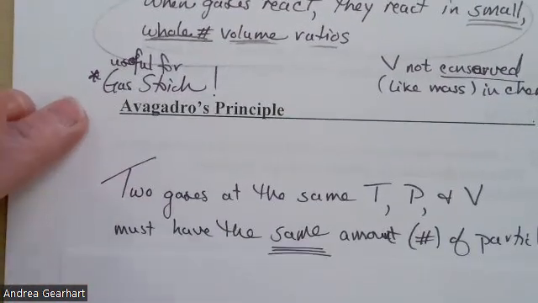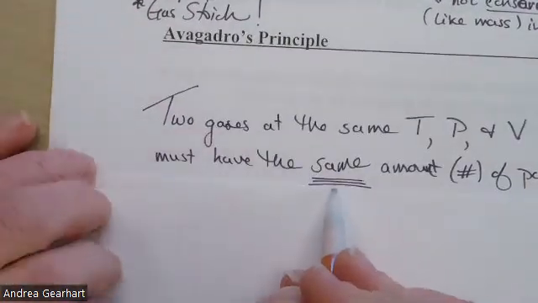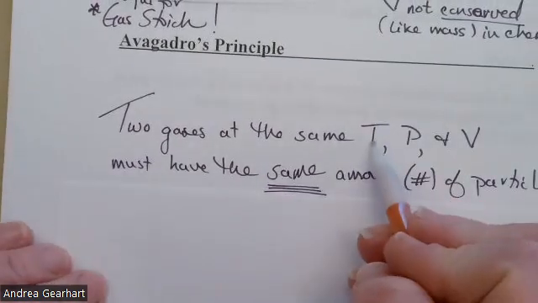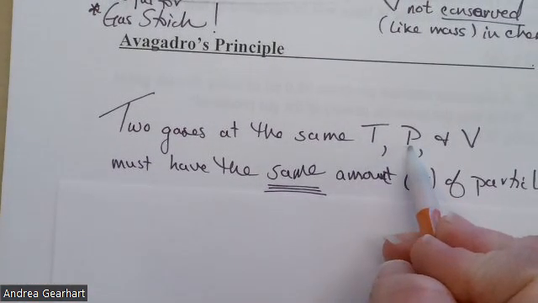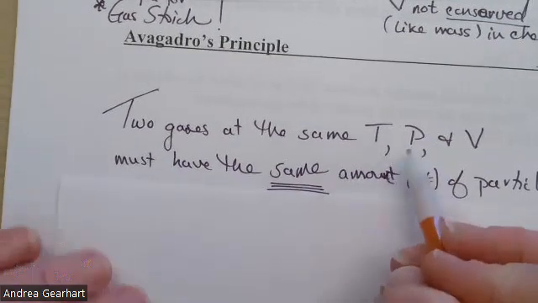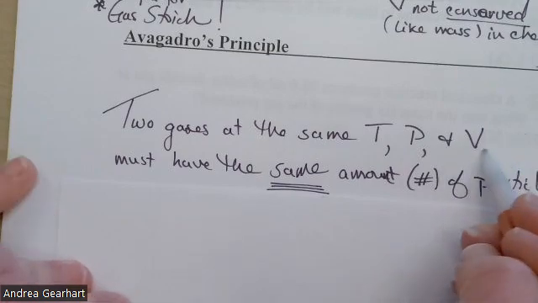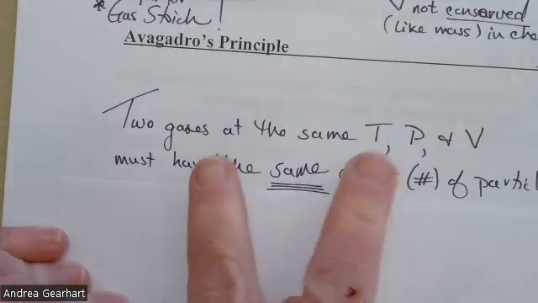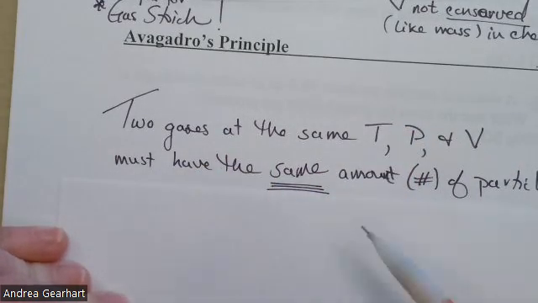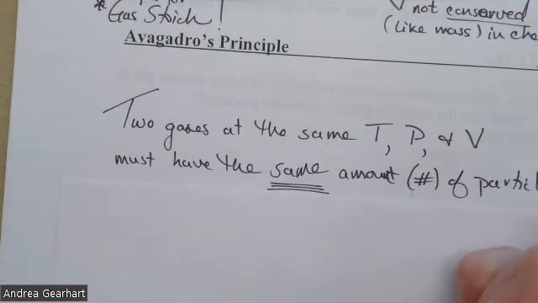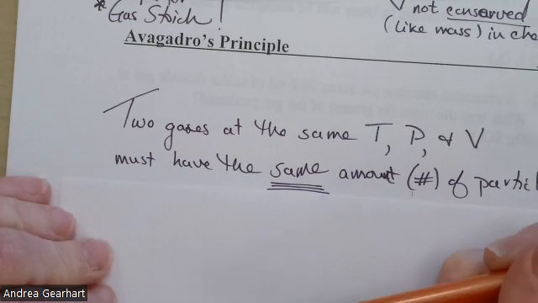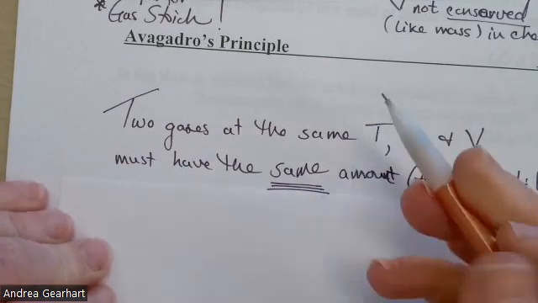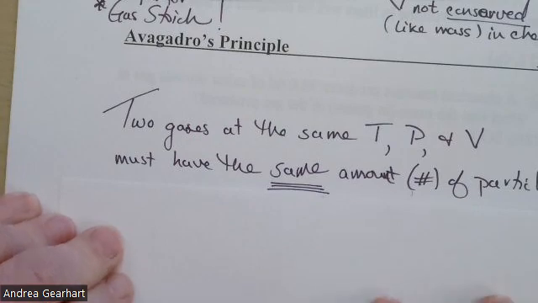If you have two gases at the same kinetic energy, they are delivering the same overall collisions, number and frequency overall, and exist in the same amount of space. If these three conditions are identical for two gases, then they must have the same number of moles, which will translate into the same amount of particles. Now, if they're different gases, they will not have the same mass, but the same number.